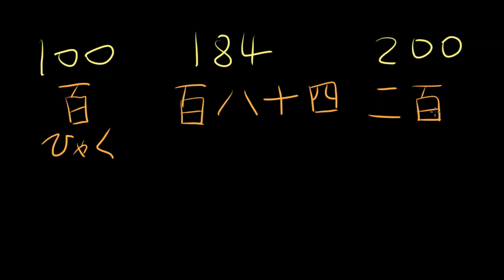Now, there are some exceptions to the pronunciation when we get into the 100s. For example, 300. Now, the characters you should be able to write: the character for san, and the character for 100.